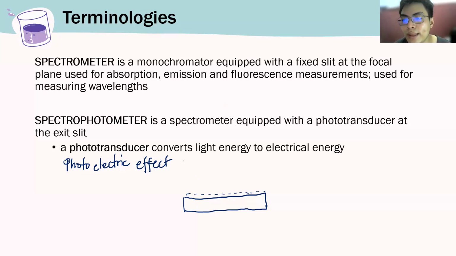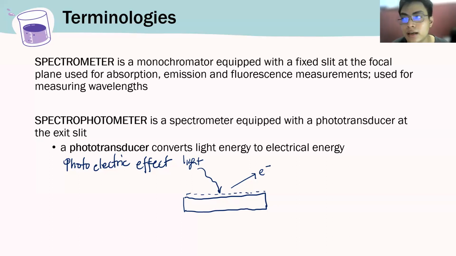And then when the light hits these electrons, some of them get ejected. And yung sinabi natin sa electrochem applies here. When electron moves from one position to another, may kuryente, may electrical signal. Kaya nga yung light na convert into kuryente or electrical signal.